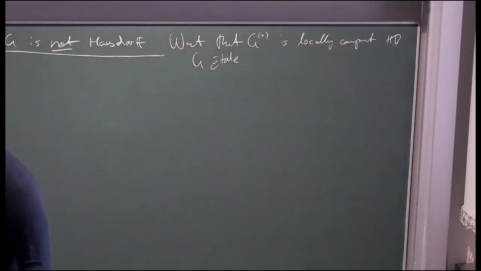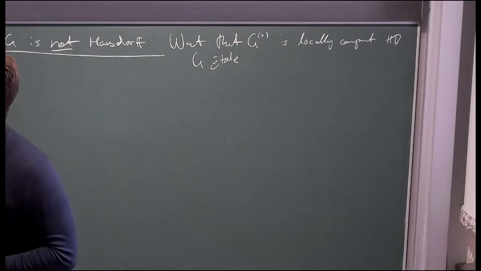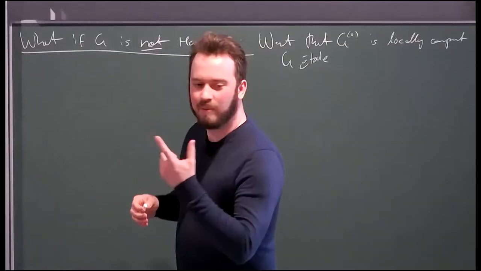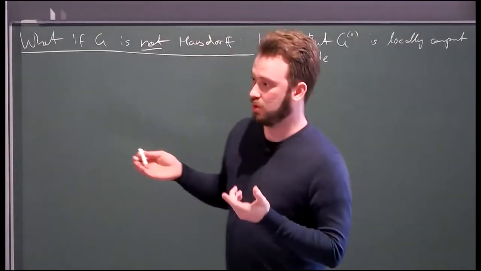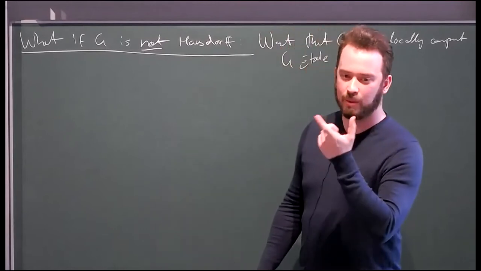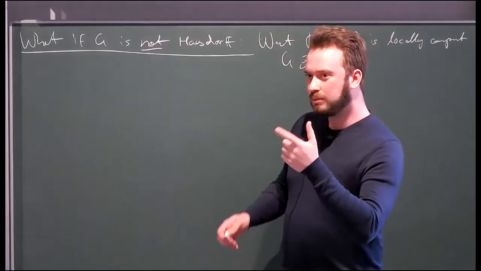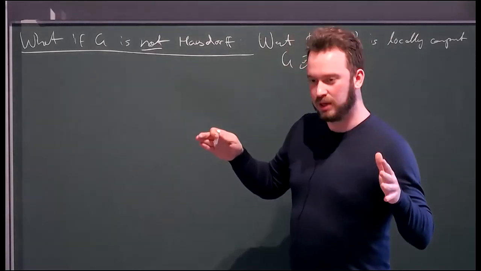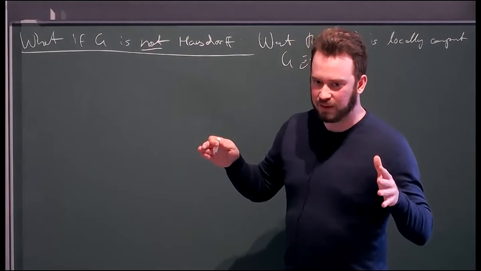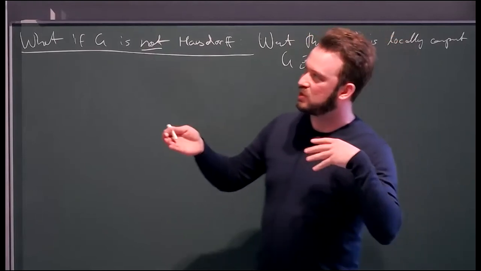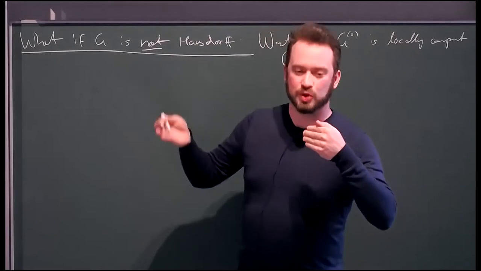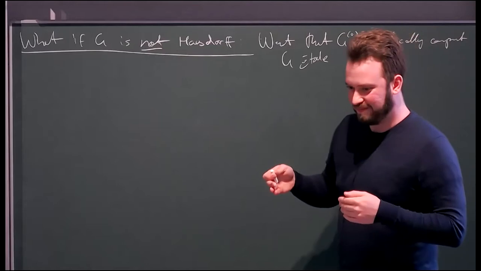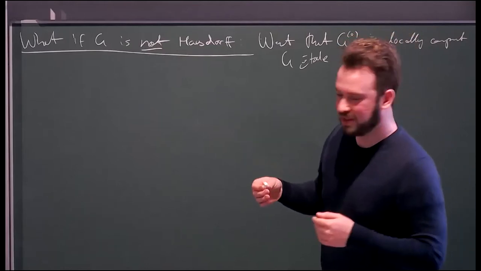The first thing that happens is that in a non-Hausdorff groupoid, if you take a function that is compactly supported on an open set, and then you extend it by 0 to the rest of the space, it may fail to be continuous on the whole space. The reason for this is that in the non-Hausdorff case, compact no longer implies closed. You can have compact subsets which are not closed. It makes everyone uncomfortable, that one.